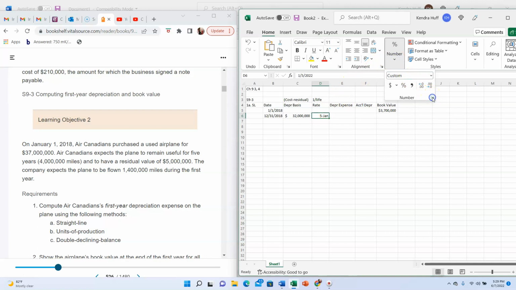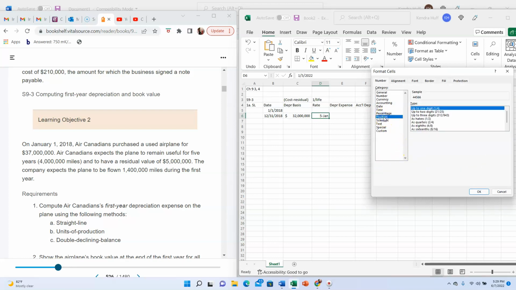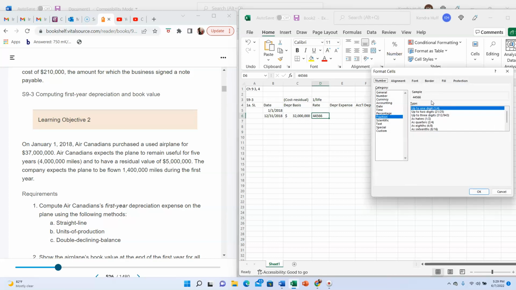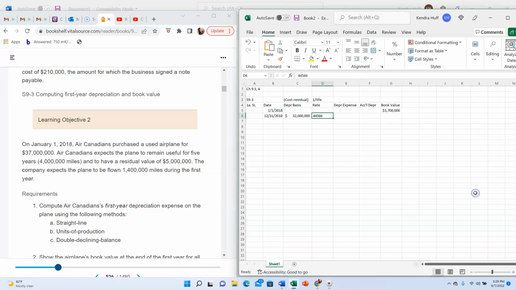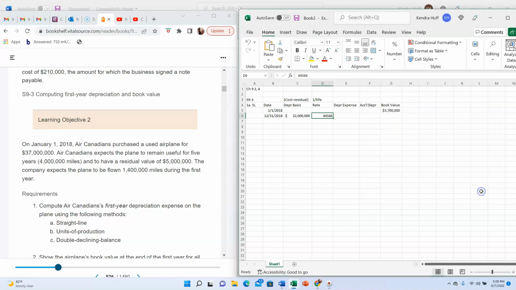I'm going to change it to a fraction, but it isn't working, which is very annoying. So what I'm going to do is actually 1 divided by 5, which is 20%.